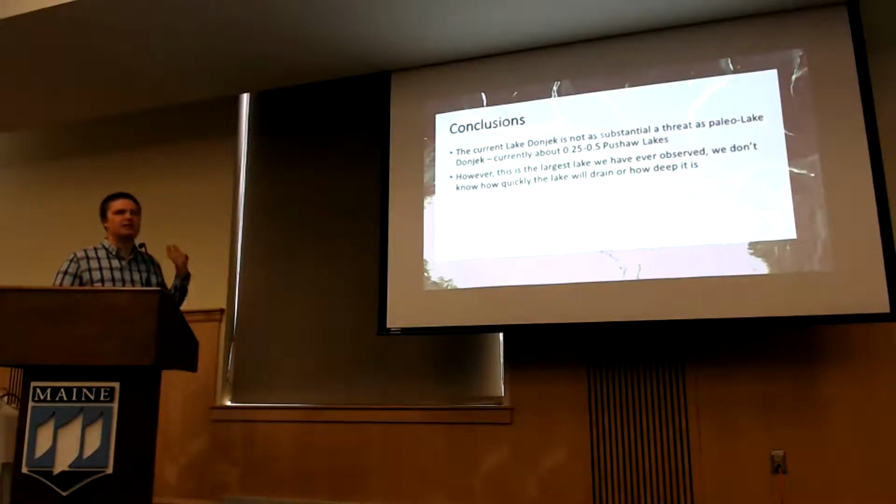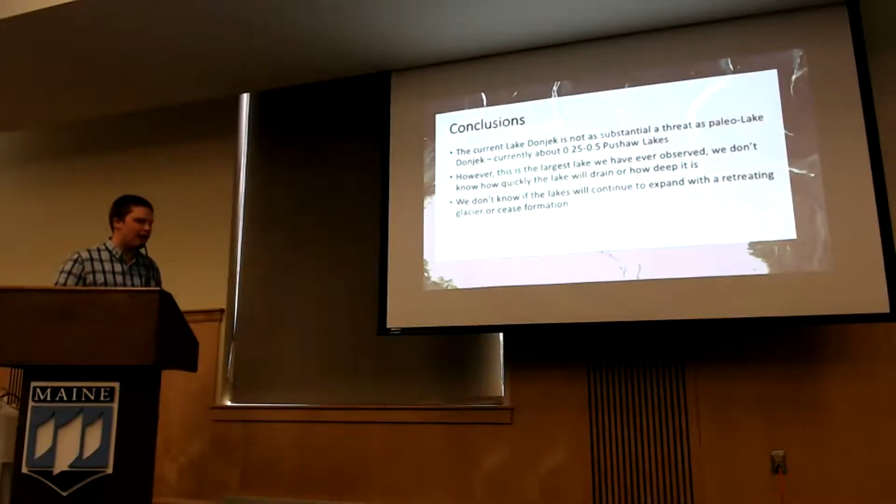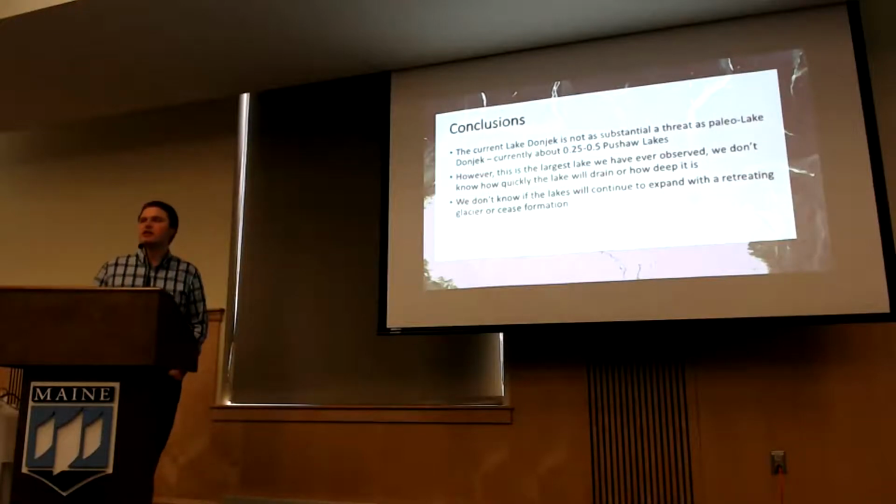The lakes appear to be getting bigger through time, not smaller, even though the glacier is retreating. We also don't know how the future is going to evolve. This area has been really poorly mapped, and we don't know if the lakes will continue to grow as the glacier continues to retreat, or if the lakes will stop forming altogether as the glacier retreats.